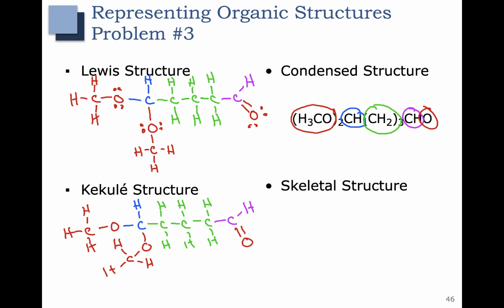And lastly, let's do our skeletal structure. Okay, so here's one of the OCH3s. Here's the other. There's the blue CH. And we have 1, 2, 3 CH2s. There's a CH. And then that's our last O.